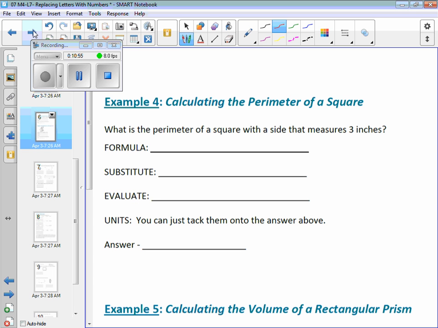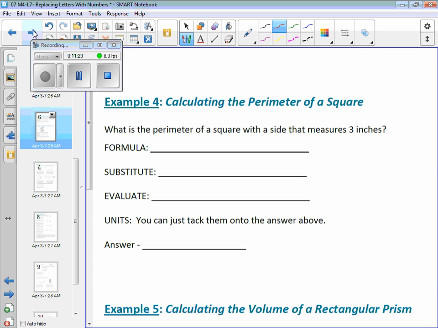Okay, so what formula do we need? What are we looking for in words? The formula for area or the formula for what? Perimeter? Perimeter of what?